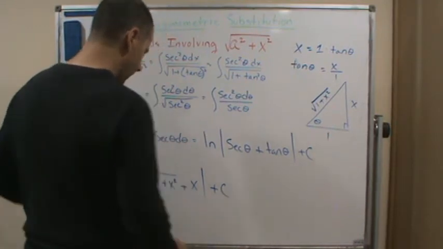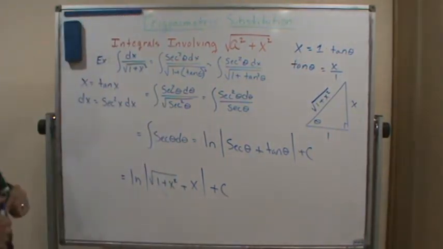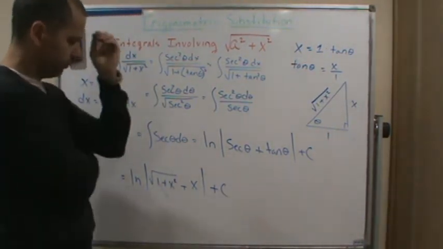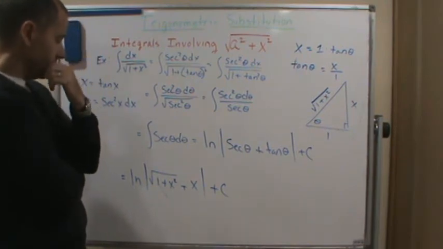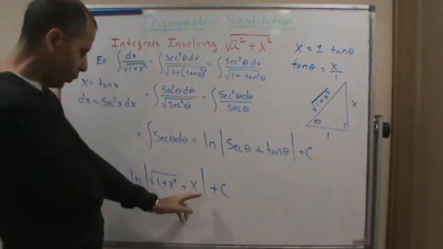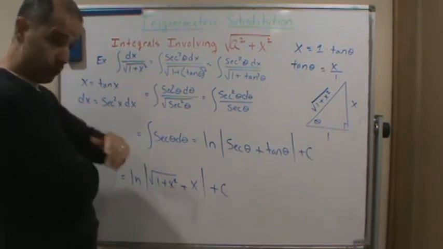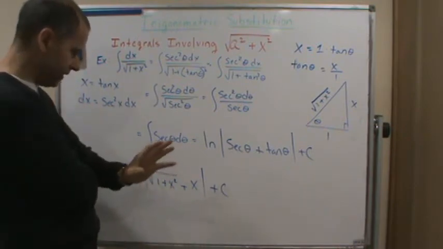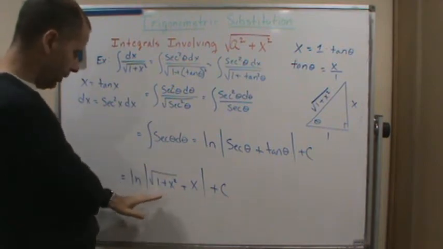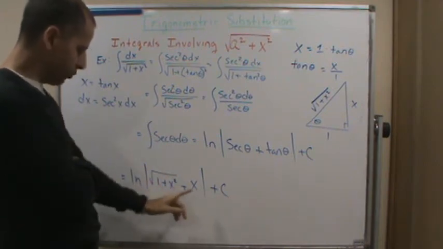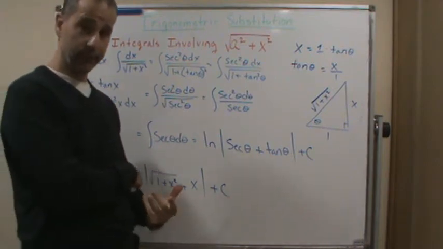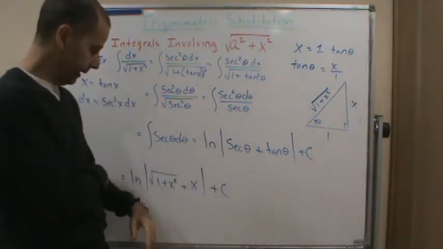And now, notice something here. Let's think about this. We want to see if there are any issues with this, and if we can drop the absolute values. Well, we can drop the absolute values if everything is positive all the time.